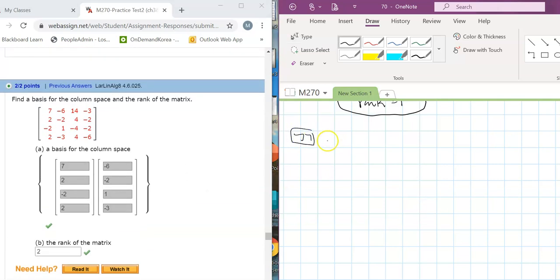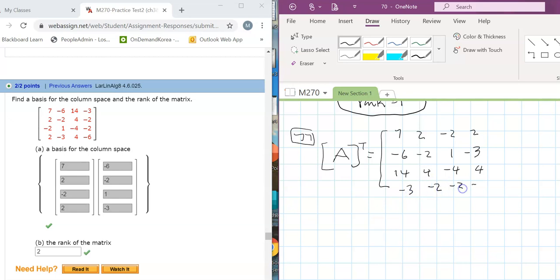They're asking for column space, so you do the transpose of this matrix. You're going to get 7, 2, negative 2, 2, negative 6, negative 2, 1, negative 3, 14, 4, negative 4, 4, negative 3, negative 2, negative 2, negative 6.